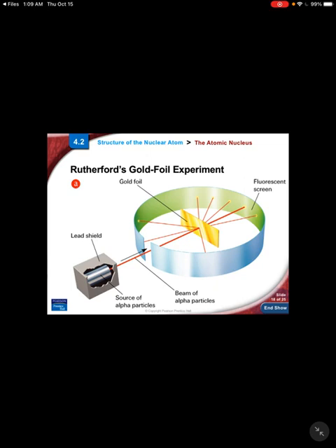And that was picked up in his very sensitive equipment, and sometimes even deflected almost straight back towards the source of the alpha particles. But again, the majority passed straight through. They passed straight through a sheet of metal.